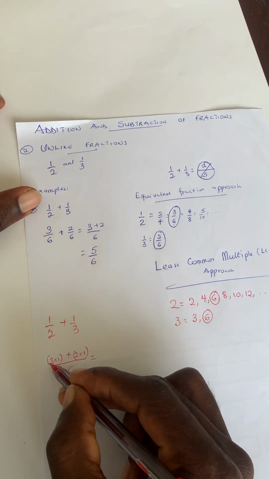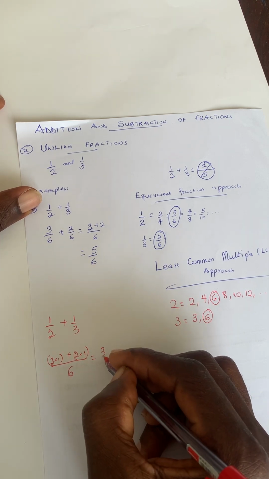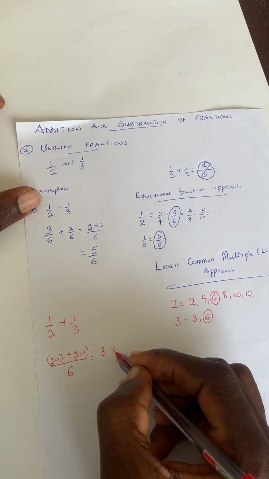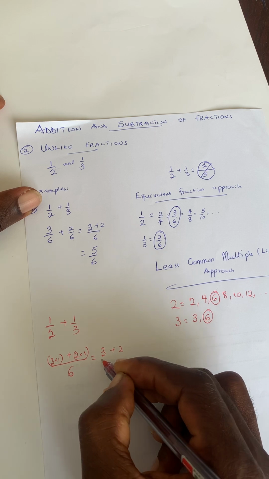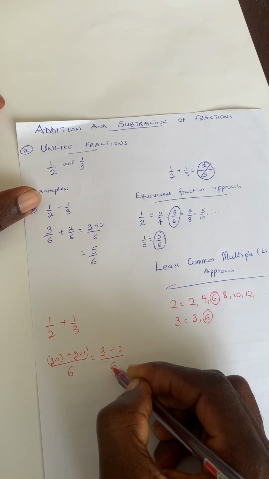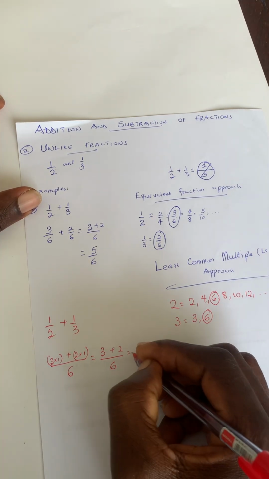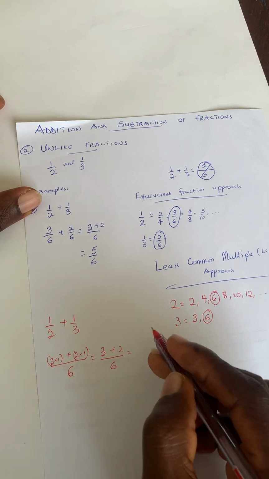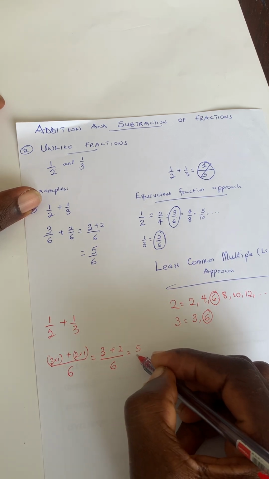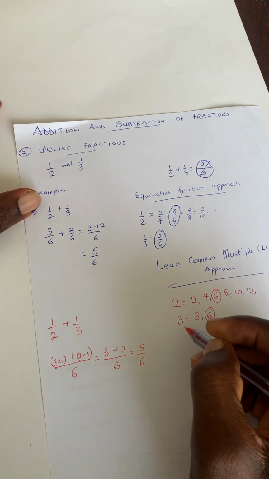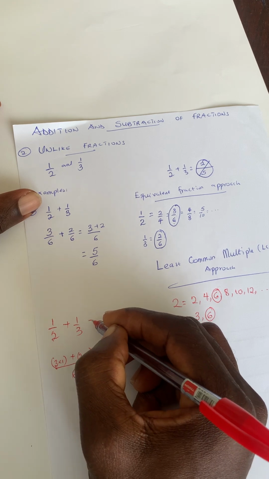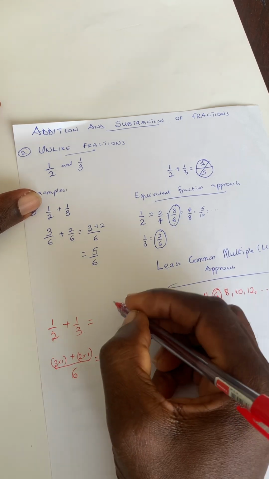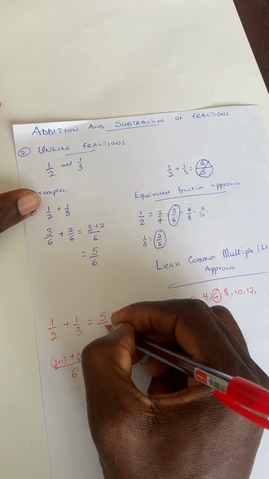Then we get 3 times 1 equals 3, plus 2 times 1 equals 2, all divided by 6. And 3 plus 2 equals 5, and the denominator 6. So that means 1 over 2 plus 1 over 3 is equal to 5 over 6.